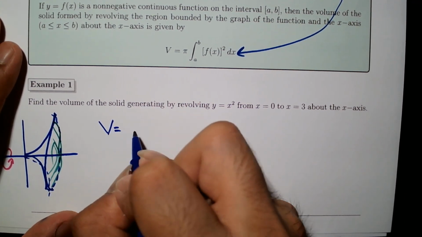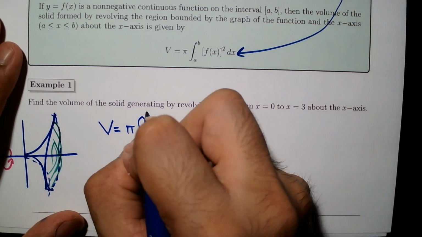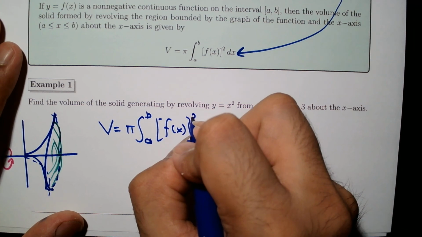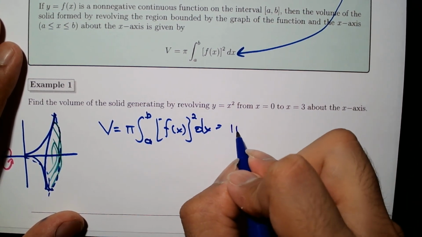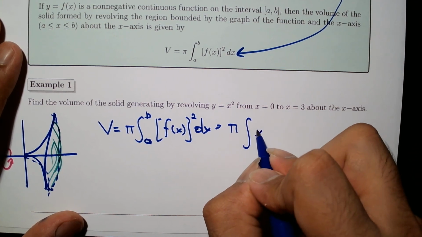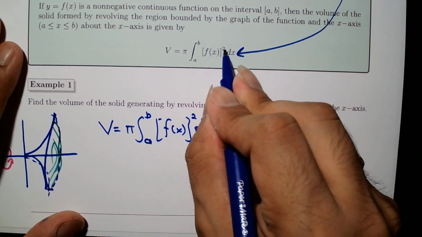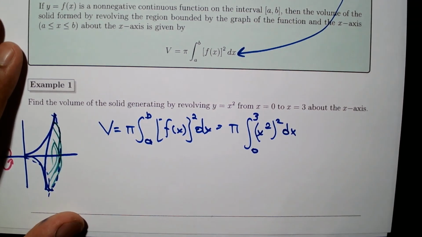So V equals pi times the integral from a to b of f of x, quantity squared, dx. So in this case, f of x is y equals x squared, quantity squared. So we square the function, don't forget about that squared, and the limits are going to go from 0 to 3.